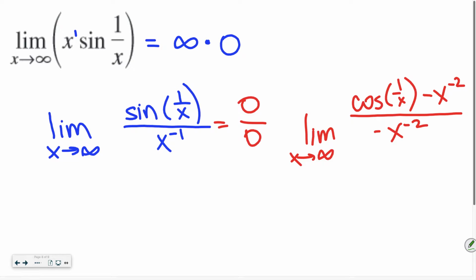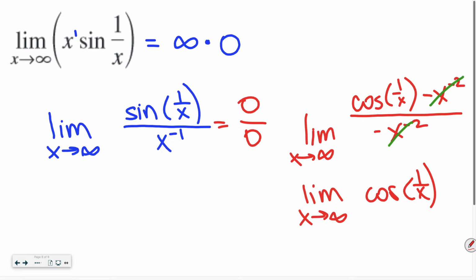What makes that nice? And now all we have to worry about, because remember you have to simplify before you try to plug anything in again, is the cosine of 1 over x. Well, towards infinity, 1 over x is going to go to 0. So this goes to 0. And the cosine of 0 is 1.